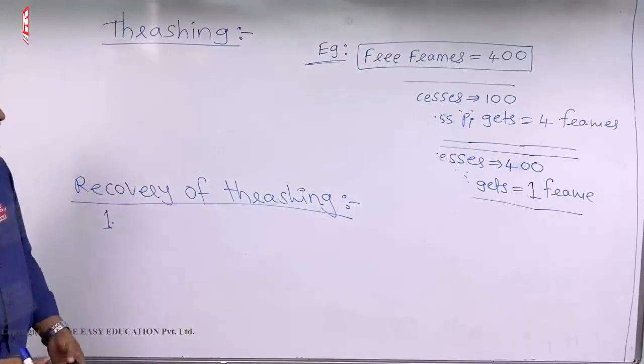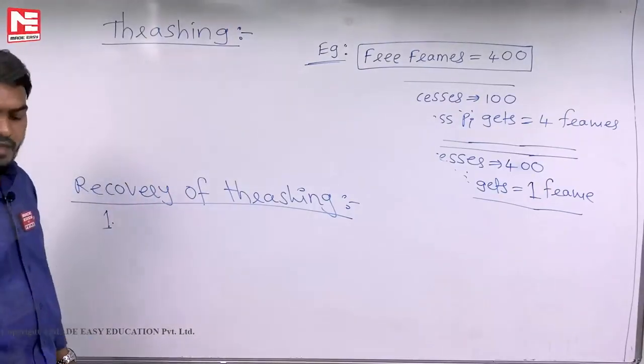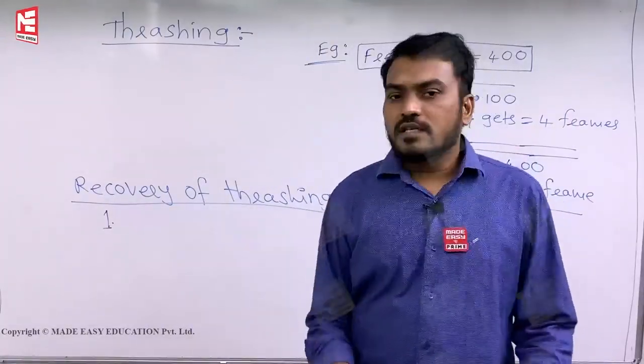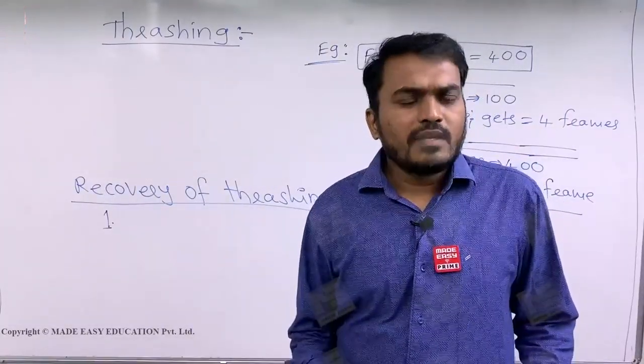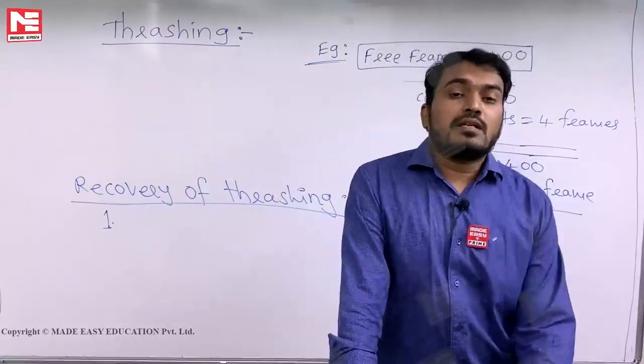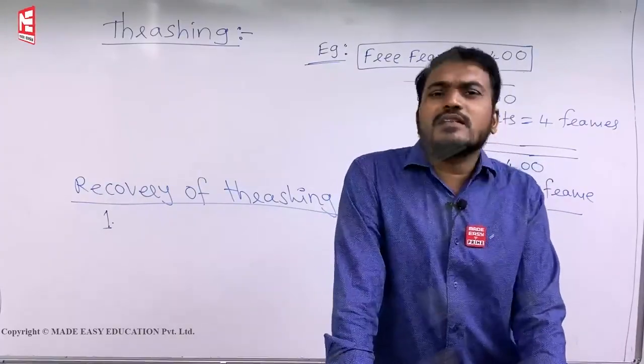Now understand, how are we going to recover? The first point: do not allow the system to go into thrashing. The system should not be allowed to go into thrashing.